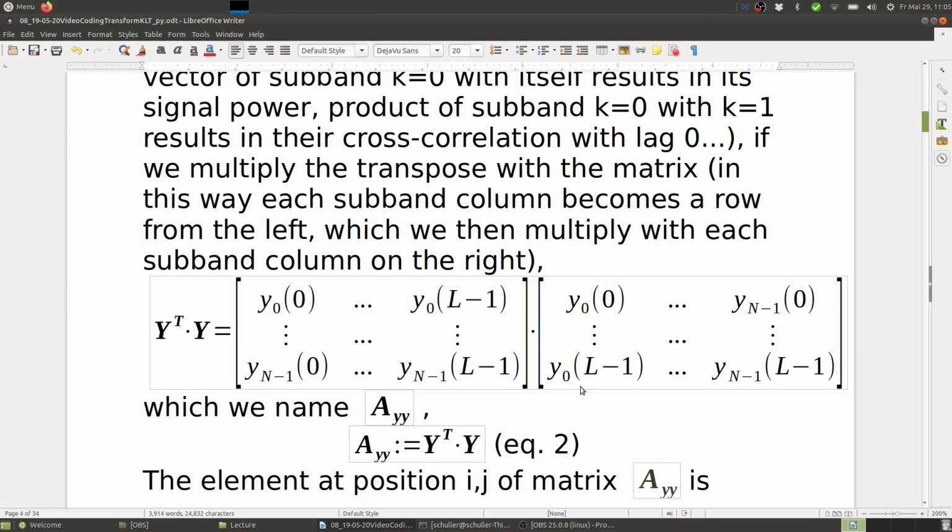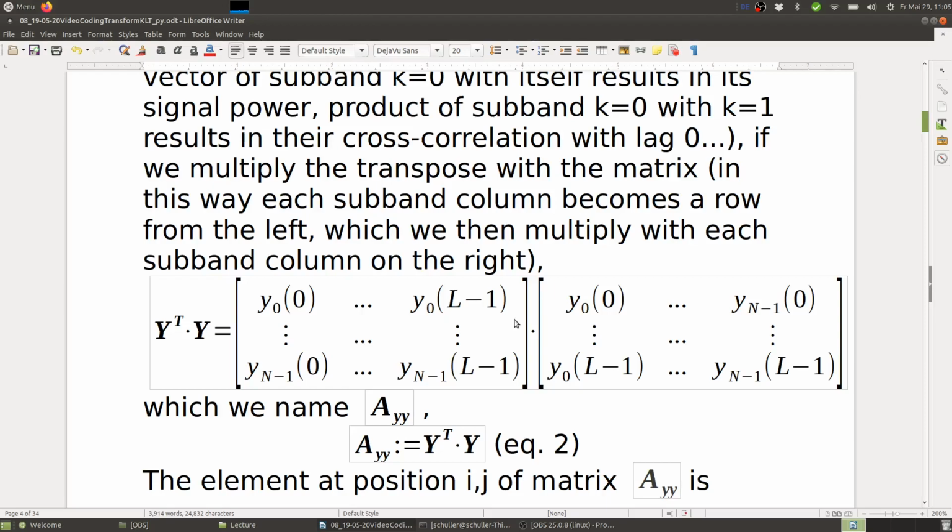Right. Then for the next lower entry, the first entry of the second row of the result matrix consists of taking this first row on the right-hand matrix and multiplying it with the second row on the left-hand matrix. So the second row is the next subband samples. So we now multiply the samples of the first subband with the next subband, and that's the cross correlation with lag 0.